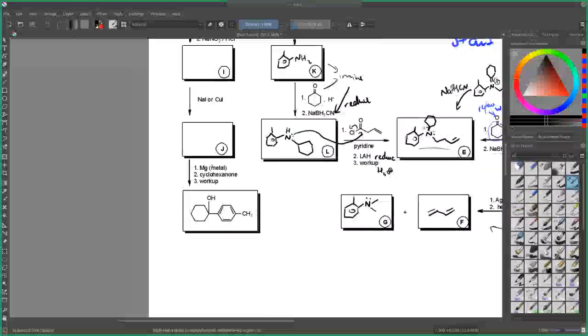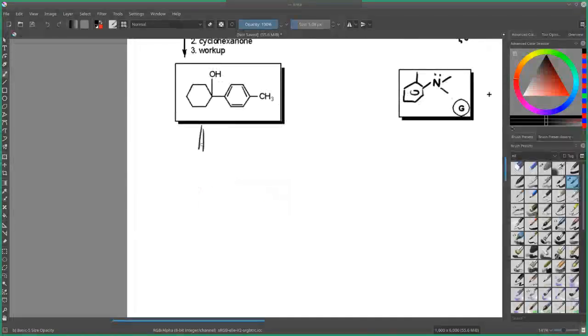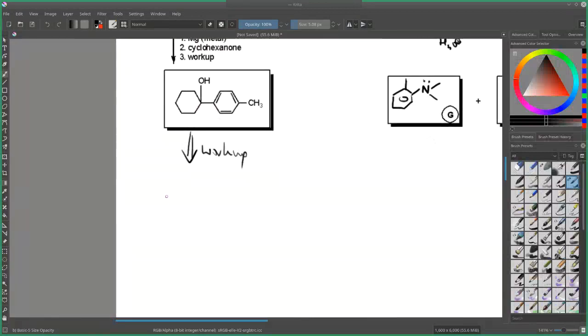Okay. Oh, where's my mouse? Okay, there we go. So we're starting with this compound over here, and then we do a workup on it to go back. So maybe if we want to go backwards, then we do a workup. And the only thing there is to work up on here is that alcohol. So we know that this is going to have been an O-, and the rest is hanging off.